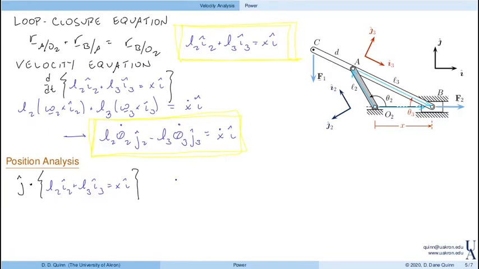So we end up with L2 sine of theta 2, that's j dot I2, minus L3 sine of theta 3 equals 0. Or we can just solve for sine of theta 3, and it's L2 sine of theta 2 divided by L3. You might recognize this as the law of sines.